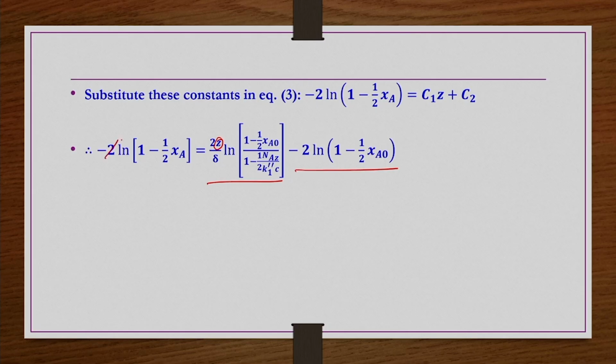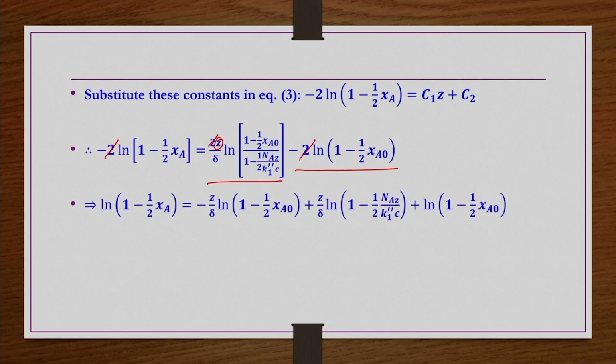Now, here also 2 you can take off from both sides, then this particular term you expand as 2 terms, the last term you keep as it is, and then both sides you multiply by minus 1. So, on the right hand side we have a plus term, and on the left hand side all the terms are multiplied by minus. So, this is what you are getting, right.